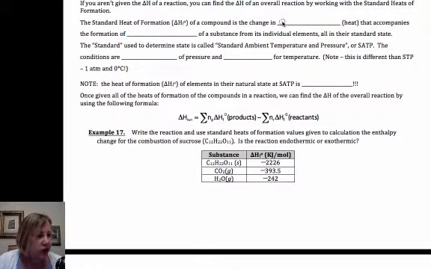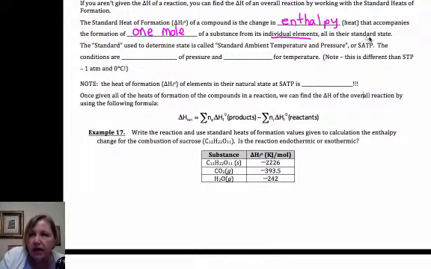The standard heat of formation is the change in enthalpy that accompanies the formation, this is key, of 1 mole of a substance from its individual elements, all at their standard or natural state, at what we call standard ambient.